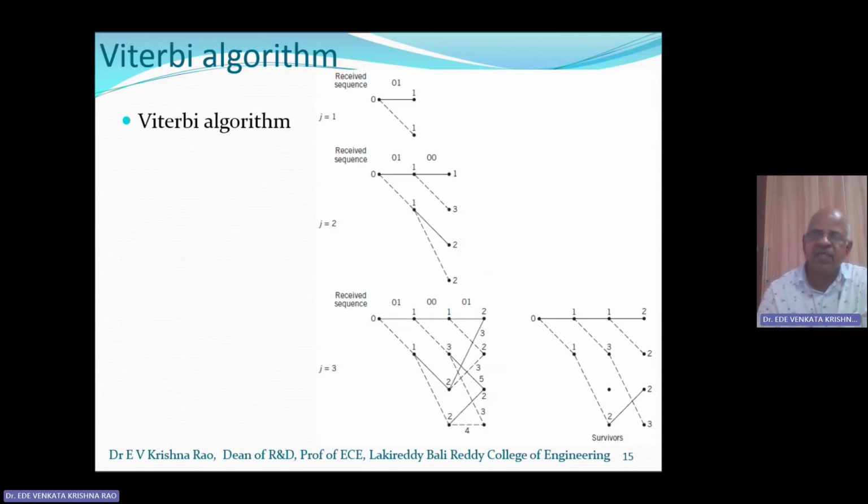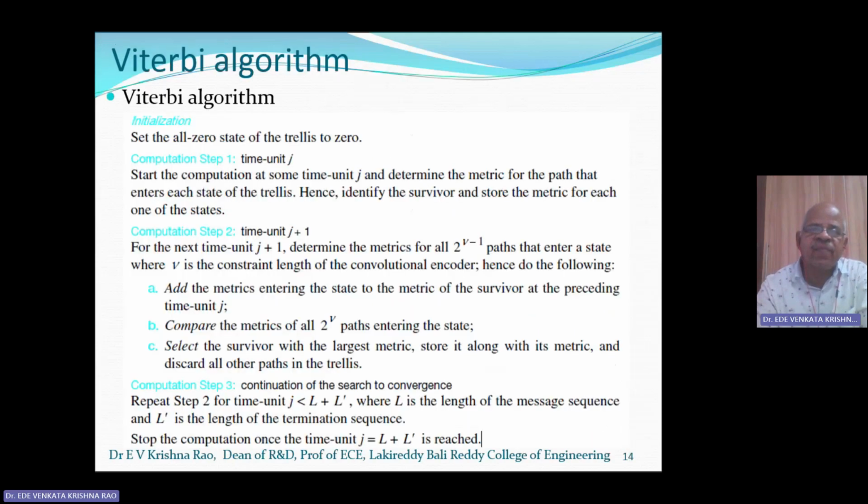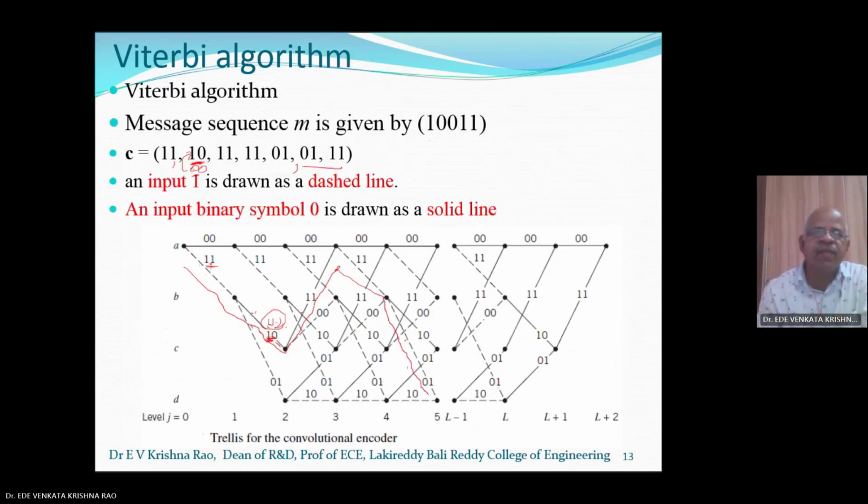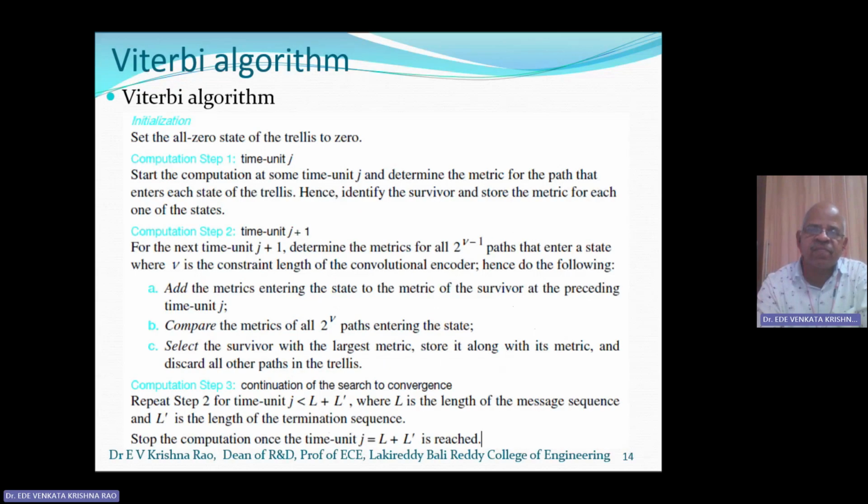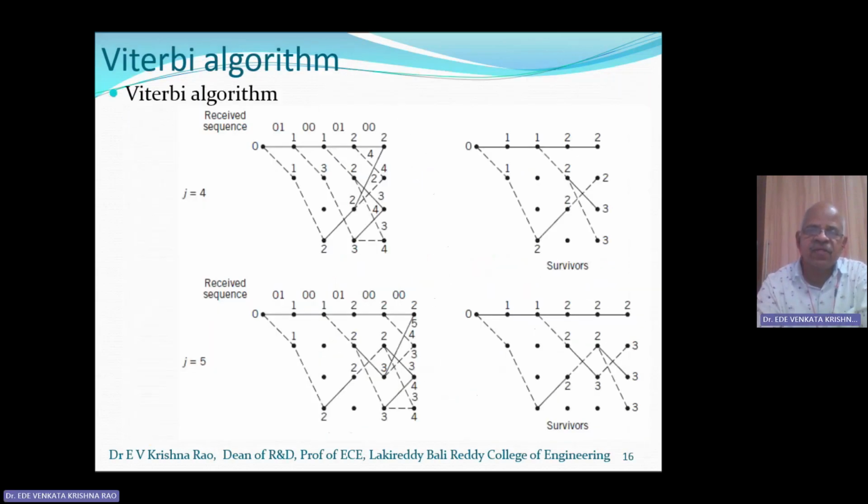Selecting the minimum number of errors, select that path. From that solid line and dash line, we can get back the message sequence. So that is the decoding of convolutional code using the Viterbi algorithm. This is the example of selecting the minimum number of errors, which is called the survival path.